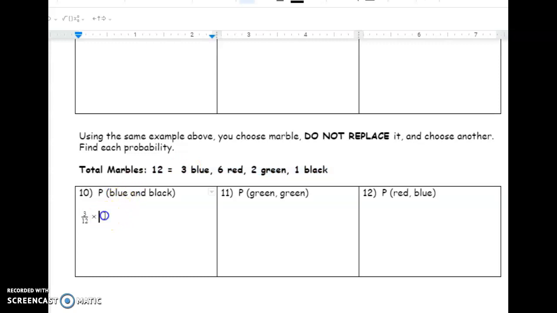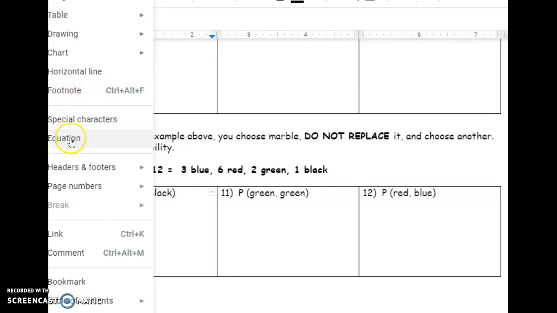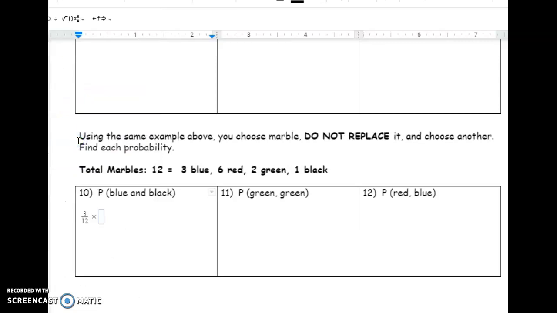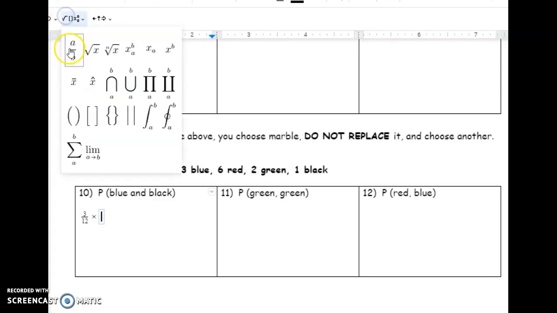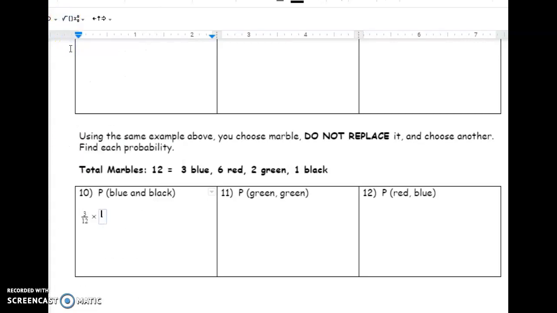So I'm left with 11 total marbles now. So my denominator is not going to be 12 anymore. In this case, it's going to be 11. And I only have 1 black over 11 possible choices, because we already took one out, which was the blue marble. And then we will continue with the multiplication as we normally do.